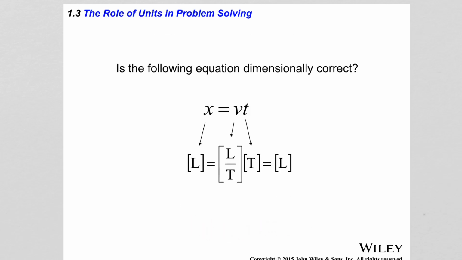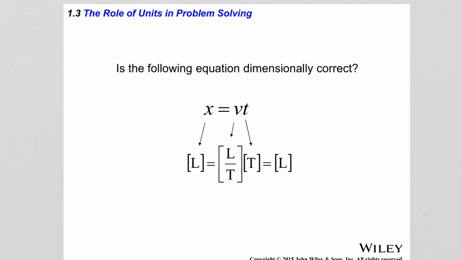Here there is a different relationship between distance, speed, and time presented, and the dimensional analysis looks like so. On the left side, distance has dimensions of length, speed has dimensions of length divided by time, and obviously time has dimensions of time. So after simplification, the right side has dimensions of length. So the left side has dimensions of length, the right side has dimensions of length.